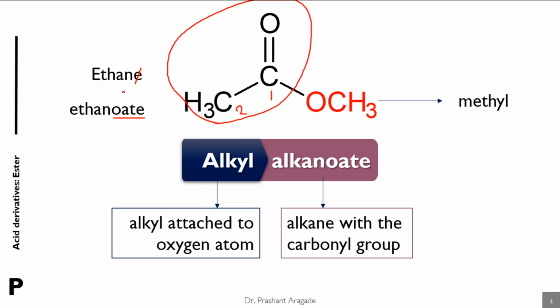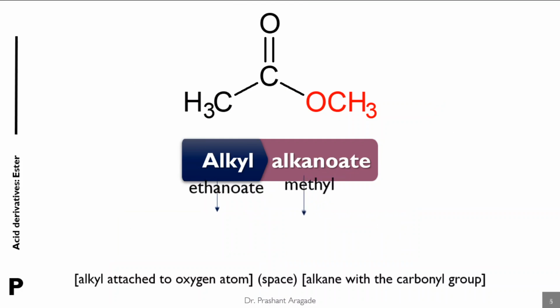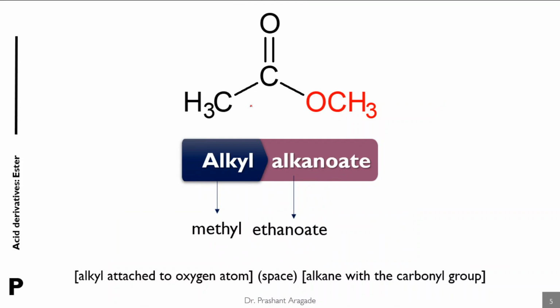So ethane becomes ethanoate, and lastly you just prefix the alkyl name to alkanoate. Remember that there should be a space between these two words, alkyl and alkanoate, like this. So the name of this compound is methyl ethanoate. There is a space between these two words.